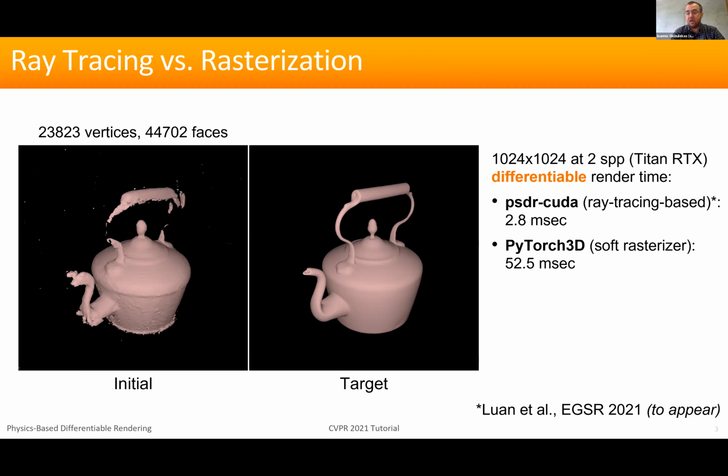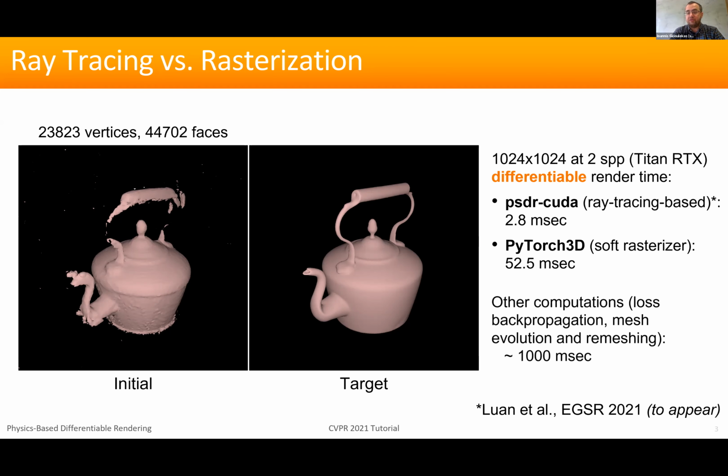And the other thing to take into account is that when we are solving this kind of shape optimization problem, there are a lot of other computational operations one needs to perform, such as backpropagating through the image loss, and most importantly, handling meshing topology issues, propagating vertex gradients correctly, remeshing, and so on. And all of those are actually what make the bulk of the computational time.